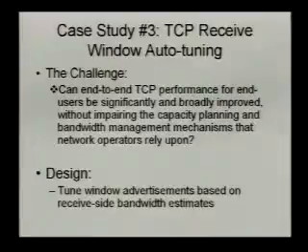Historically, the stack has been, and this is the case for many stacks, bounded by a 64K window, which is the size of receive window that the TCP can advertise by default. Window scaling allows you to advertise a larger window, but window scaling isn't always enabled by default.